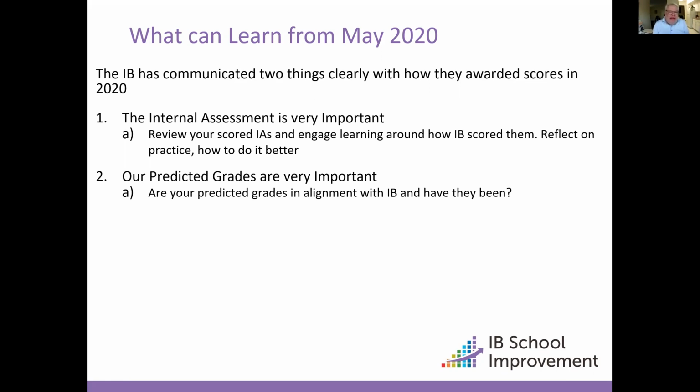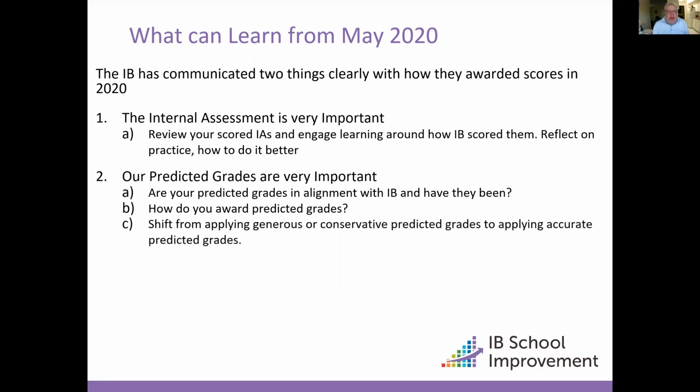Because that's going to affect student outcomes in May of 2021. Two, how do you award predicted grades? How does that process work? And how can we make that process better? And number three, how do we shift from applying generous or conservative predicted grades to making those predicted grades more accurate.